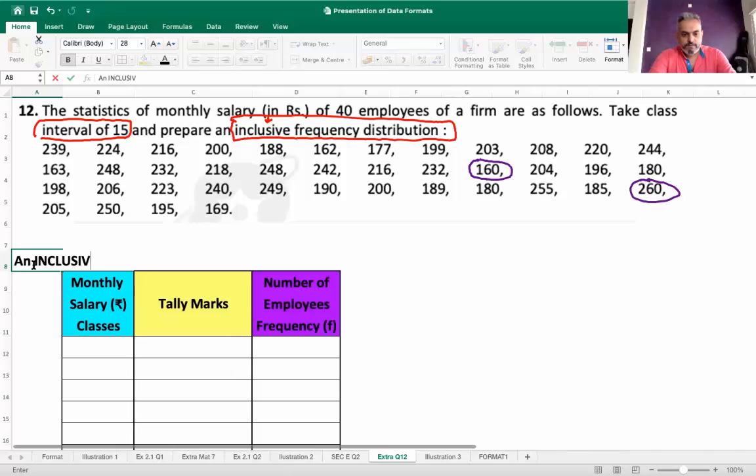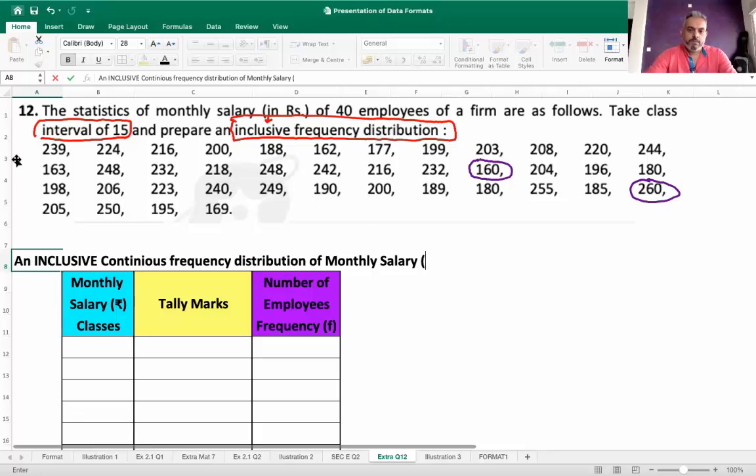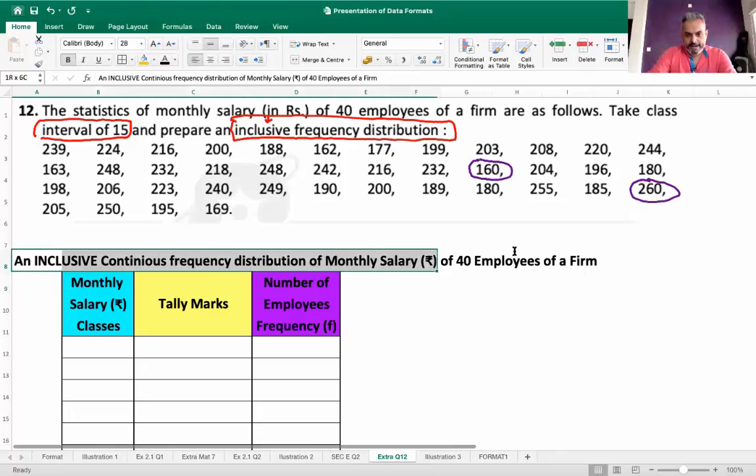Inclusive continuous frequency distribution of monthly salary in rupees of 40 employees of a firm. So this is the heading.